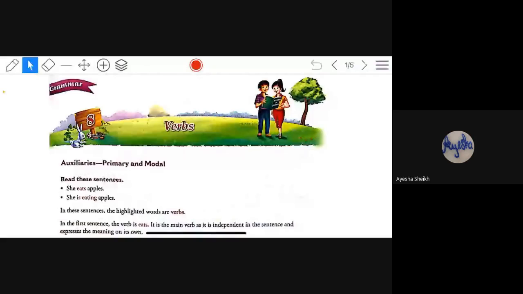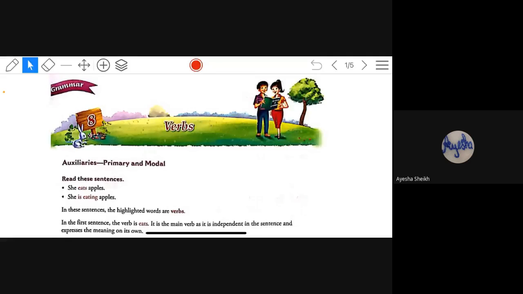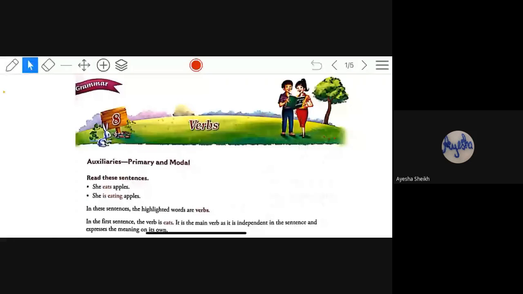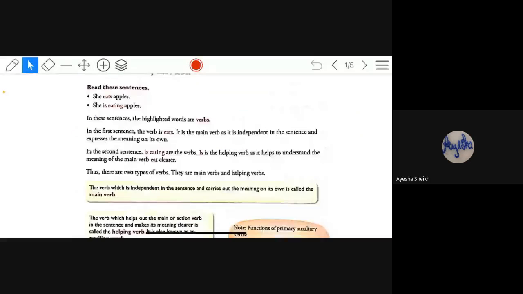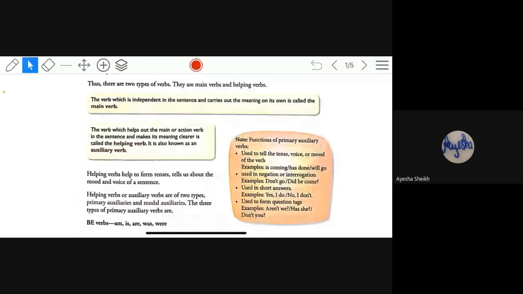So what is the name of the lesson that we were doing? See over here. Verbs. Lesson 8 we had started, if you remember. Yes or no? Or still you don't remember?